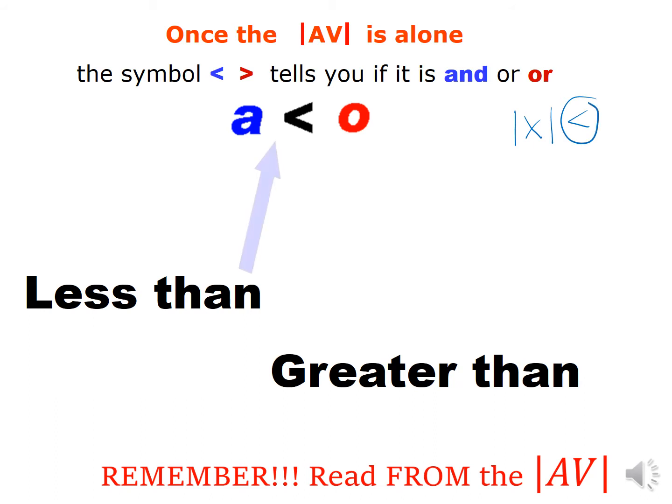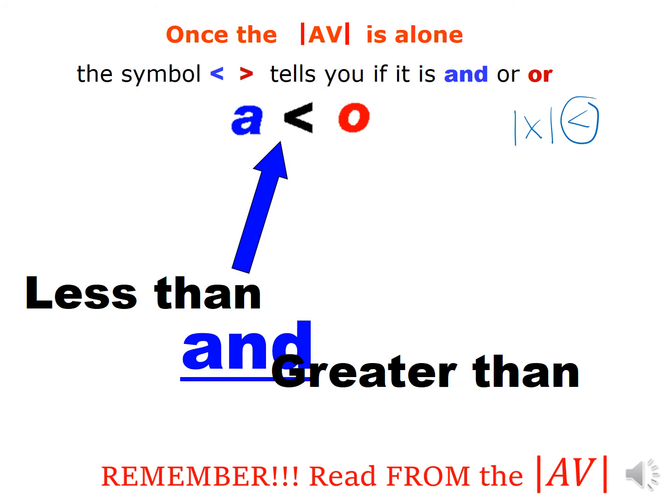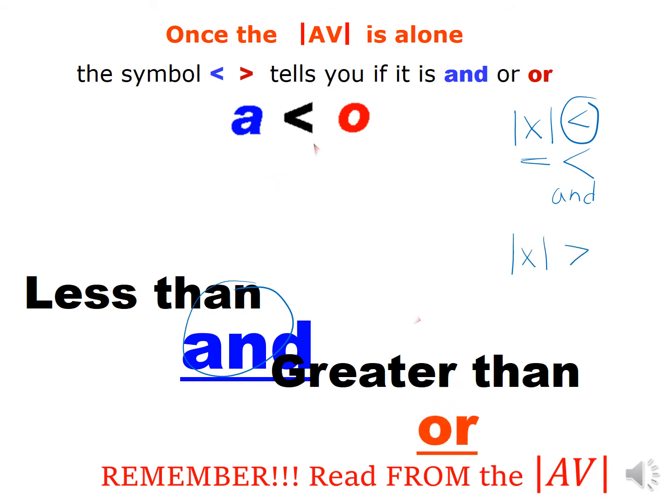So, another funny thing that we do, if you think of the word AND, we're going to go less than. Less than. So if the absolute value is less than, then you know it's an AND problem. Okay? Same thing with the other one. If we have greater than, we're going to say the absolute value is greater.